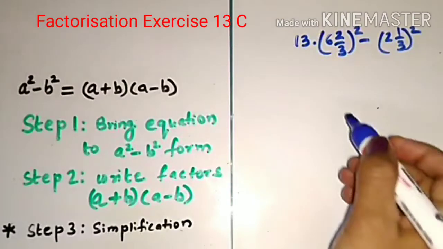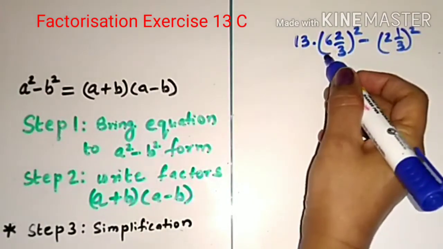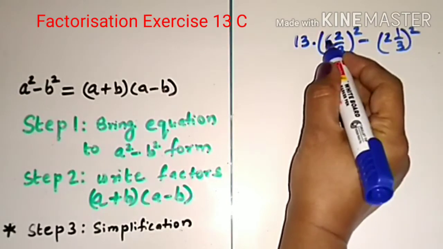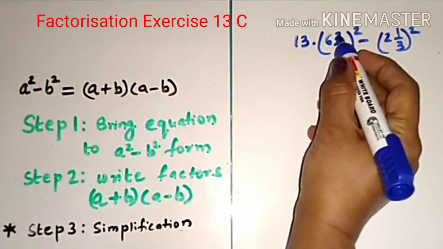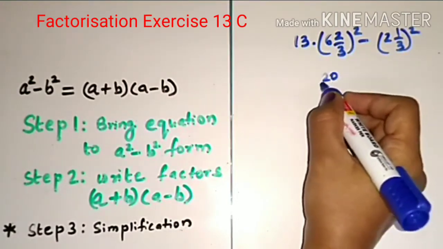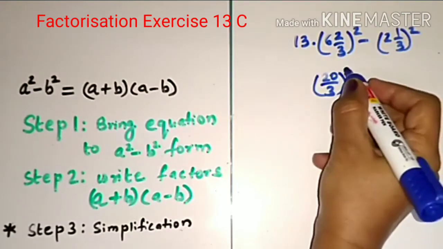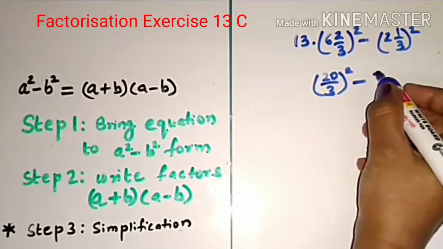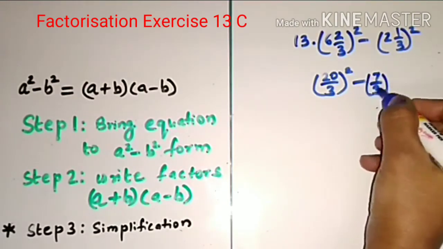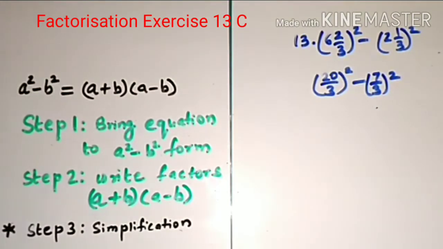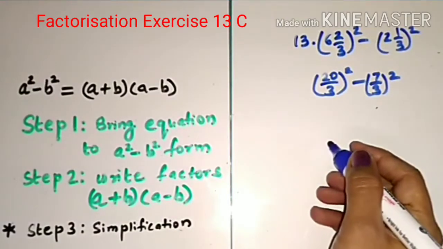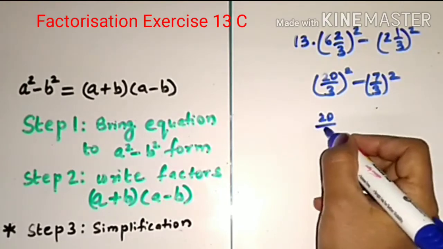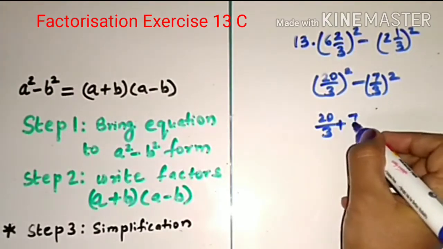In sum, we will change this mixed fraction into improper fraction. 6 3s are 18, 18 plus 2 is 20. So we have 20 upon 3 square minus 2 3s are 6, 6 plus 1 is 7, 7 upon 3 square. So we have a square minus b square. Now we will write factors a plus b and a minus b.